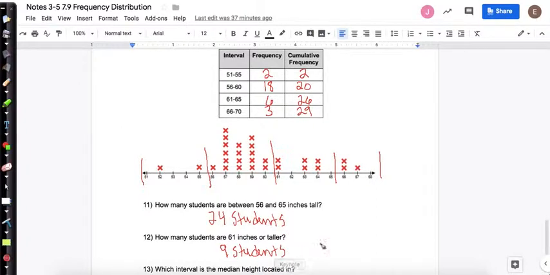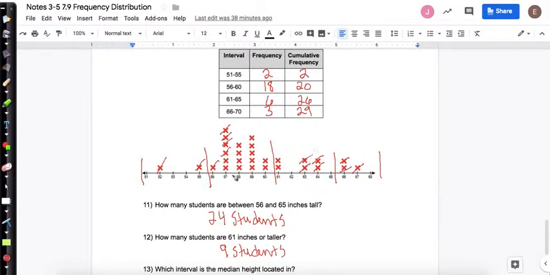Okay, which interval is the median height located in? So to find the interval that has the median height, I actually have to find the median. So I'm going to cross out 1 x from each end until I end up with 1 or 2 in the middle. Now I know I'm going to end up with 1 in the middle because I have an odd number of data. I have 29 data values represented on my line plot.